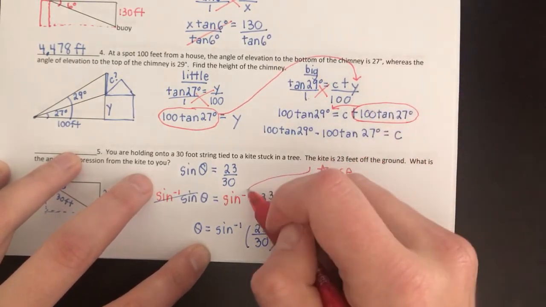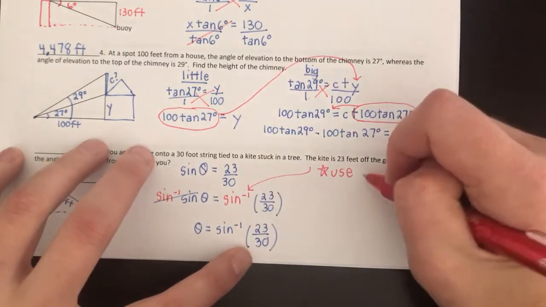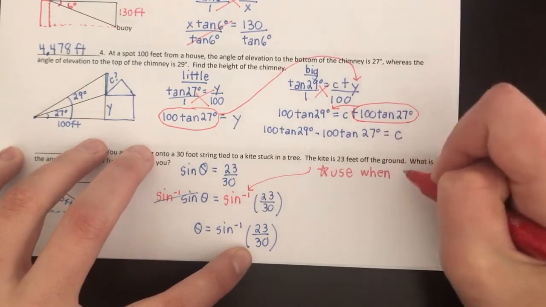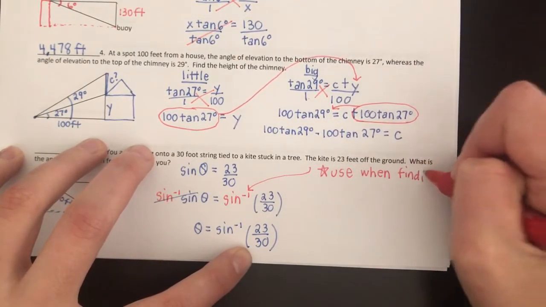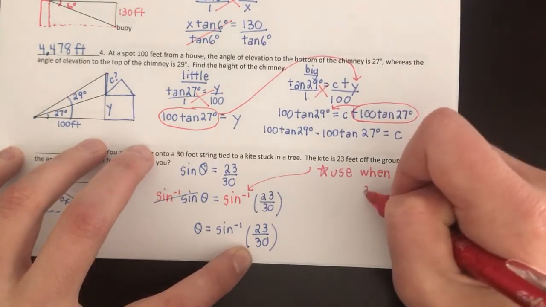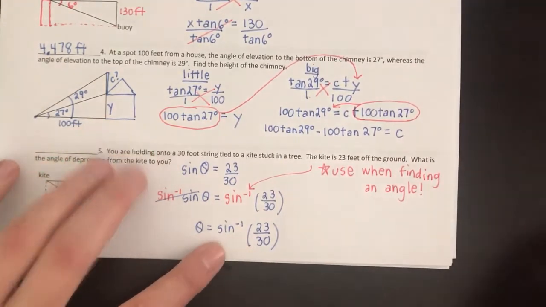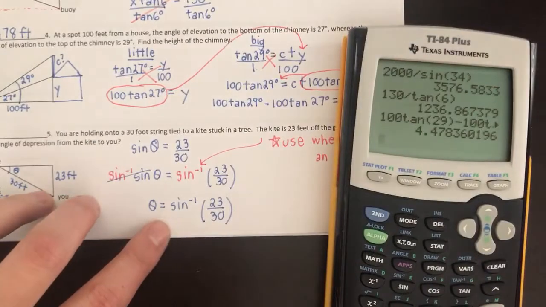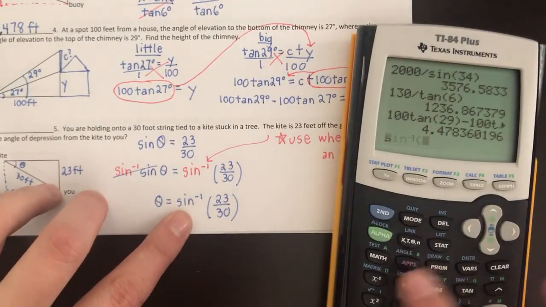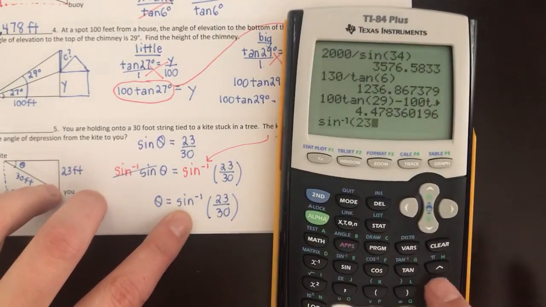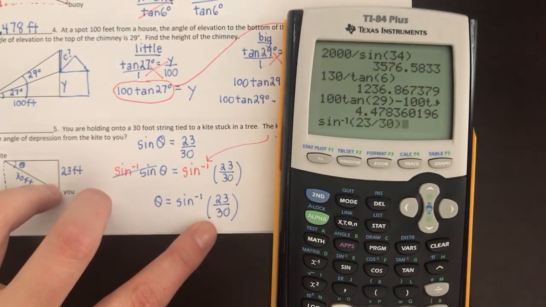A big thing: use the inverse, or the arc, when finding an angle. In your calculator, sine inverse of 23 divided by 30.